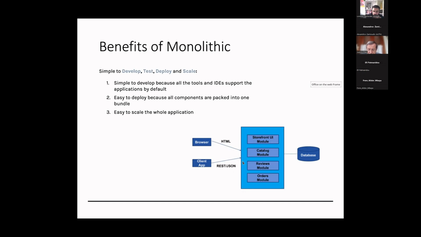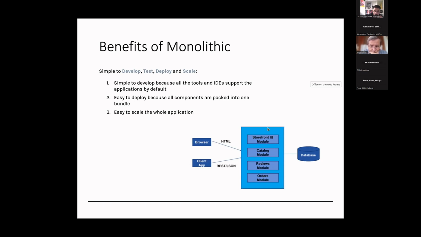Then there is one single block of application inside. The storefront UI module could be just a set of classes in object-oriented programming, which is inside the monolith. The catalog module could be again another set of classes inside the application.